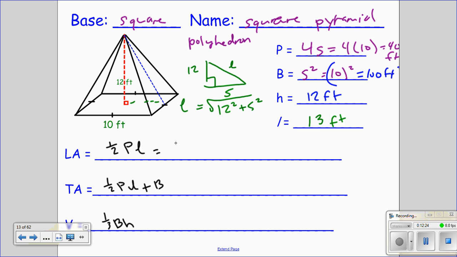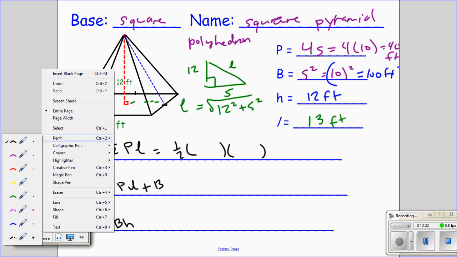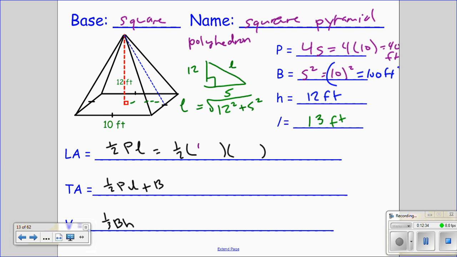So for my lateral area, it's 1/2 times my perimeter times my slant height. My perimeter is 40, and my slant height is 13. So that'd be 20 times 13, which is 260 feet squared.